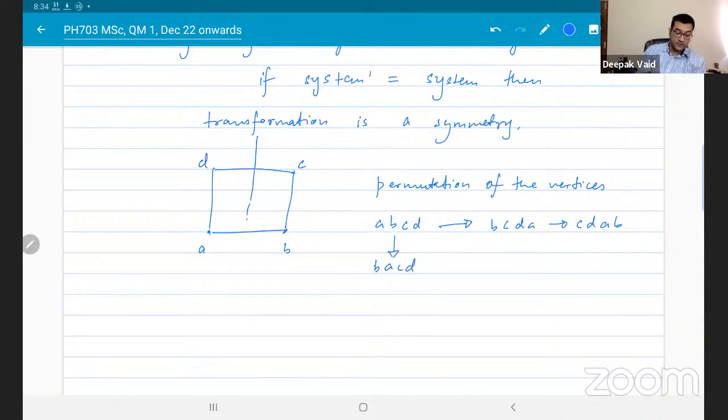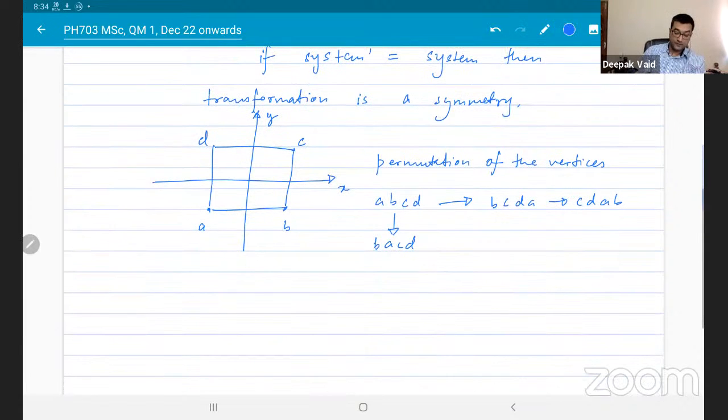Then let us put some coordinates on this square. Let's call this X and let's call this Y. Now let's take a reflection across the Y-axis.